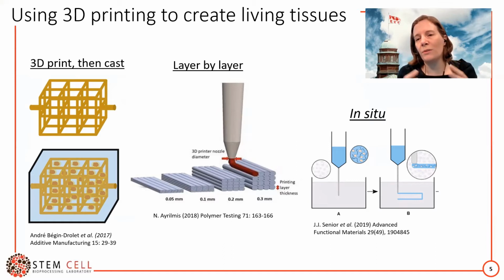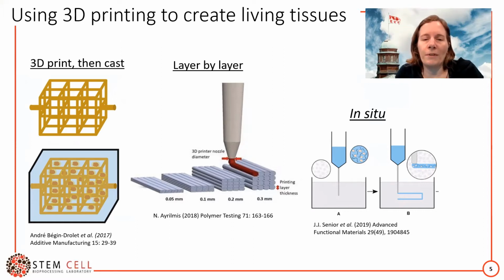So it's only a temporary mold, but the 3D printing capability allows you to make complex geometries. Then you cast your cells into that mold, and then you can remove the sacrificial material and be left with a reverse of the original complex geometry.